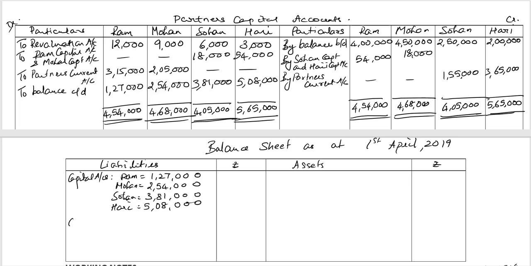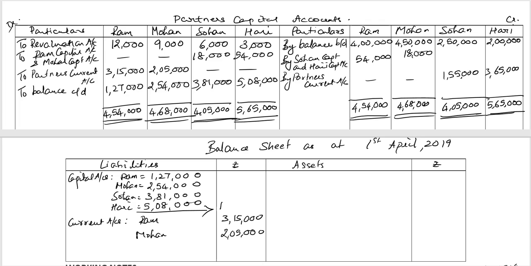We'll insert the current accounts of the partners. The current accounts having a credit balance are Ram's and Mohan's. So Ram's current account is 3,15,000 and Mohan's 2,05,000.